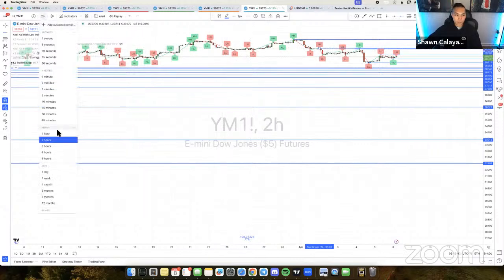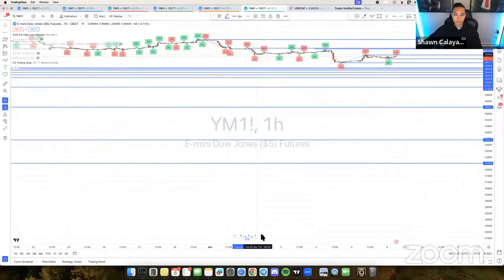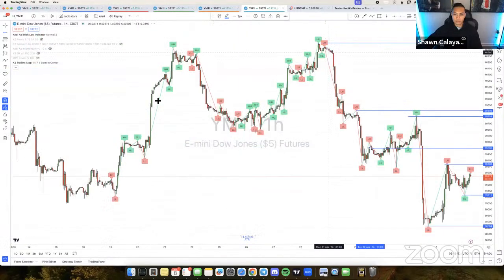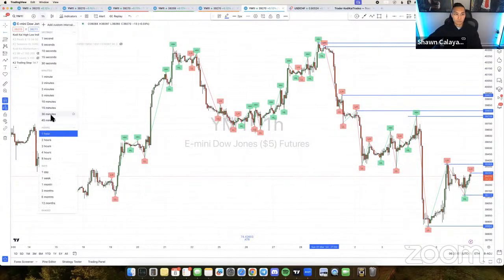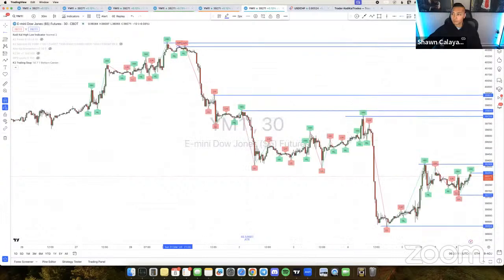Looks like price is consolidating a lot on the, just change the zoom a little bit. There we go. Here's the 1-hour. Going over to the 30-minute.